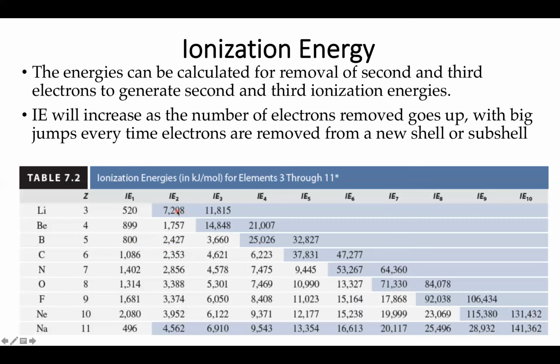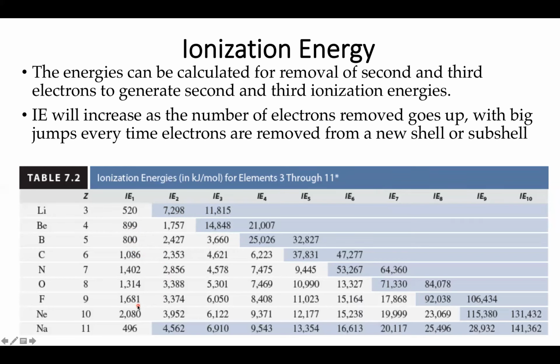So if you're trying to figure out what an element is based on its ionization energies, a good place to look is at which point, so which electron, is much harder to remove, as this will indicate we're pulling from a new shell. Also, you can look for these slighter increases, such as boron's second electron, to help indicate pulling from a new subshell, but these can be a little bit harder to spot in general.